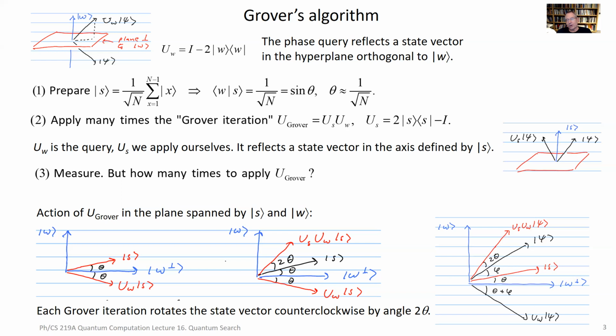And well, there's some discussion in the notes. I don't think I went into the details in class about how you can construct that out of Toffoli gates. We know how to construct Toffoli gates out of whatever our universal gate set is. And the number of Toffoli gates you need is linear in n, little n.